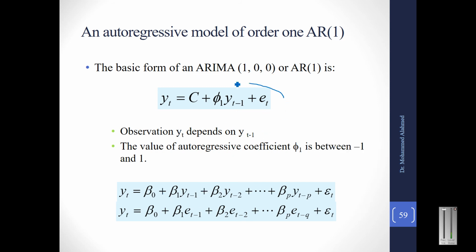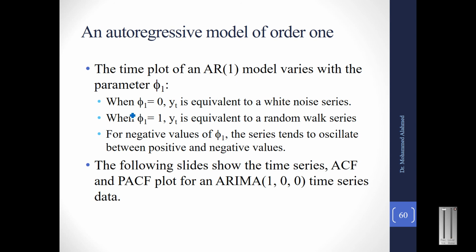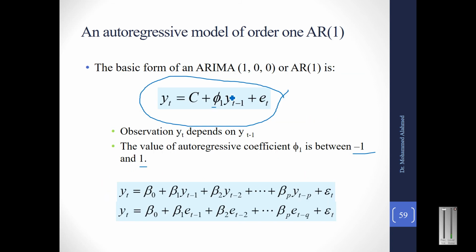With this equation in mind, it shows various variations, because this value can be between -1 and +1. When psi1 is equal to 0, it is equivalent to a white noise series, right? If this term is 0, this entire term vanishes. So what we have is Yt = c + et, right?